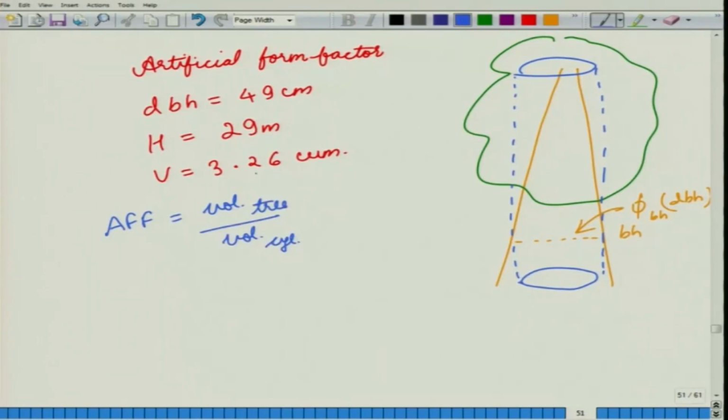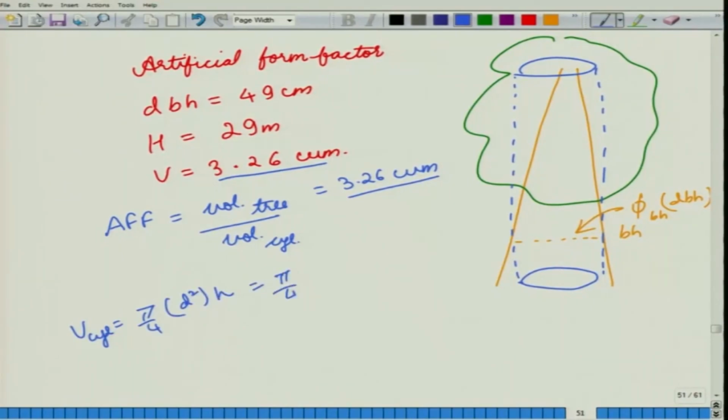The volume of the tree is given to you as 3.26 cubic meters. How do you find out the volume of the cylinder? The volume of the cylinder is pi by 4 d square h.